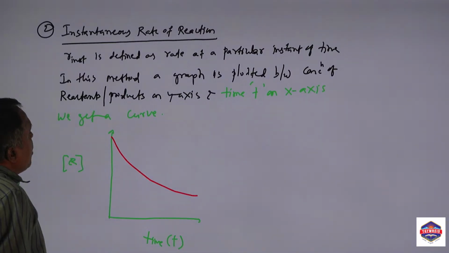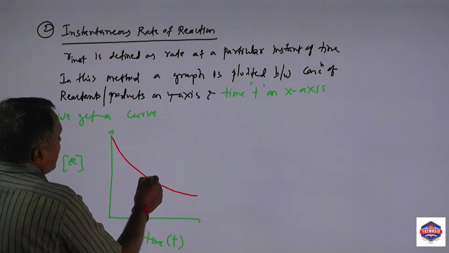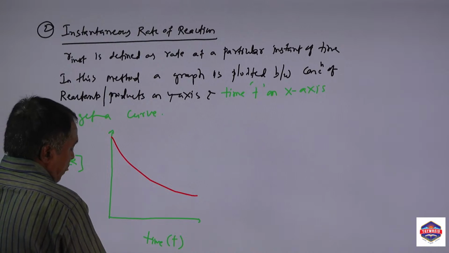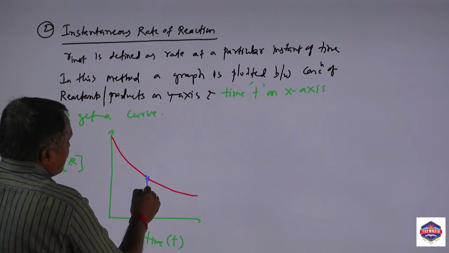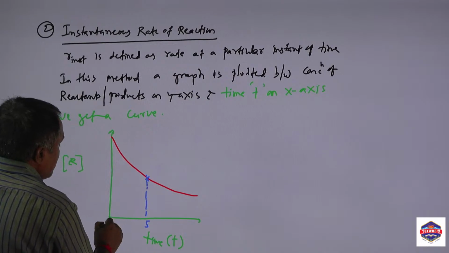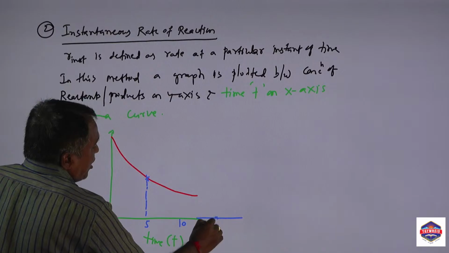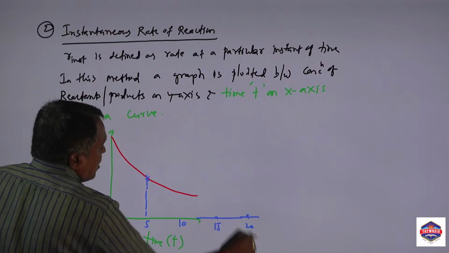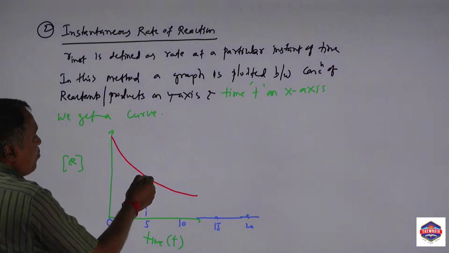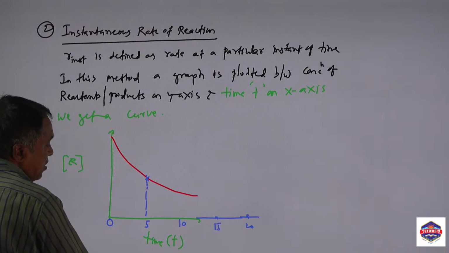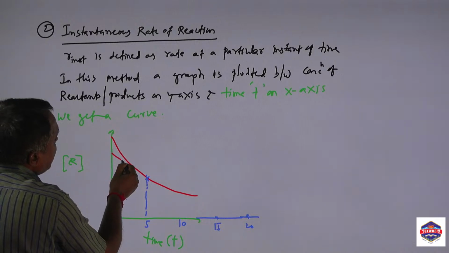But how can we determine the rate at an instant of time? For example, this is 0 minutes, this is 5 minutes, this is 10 minutes, this is 15 minutes, this is 20 minutes. How can we calculate the rate at one fixed point? For this we draw a tangent.